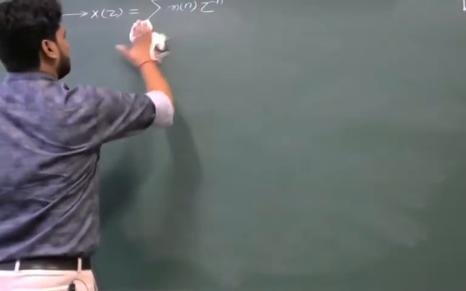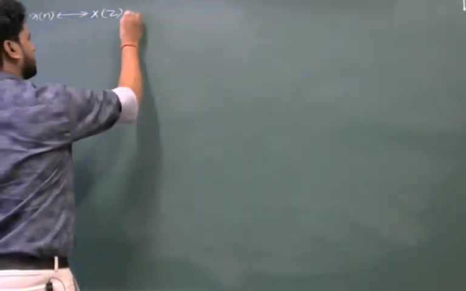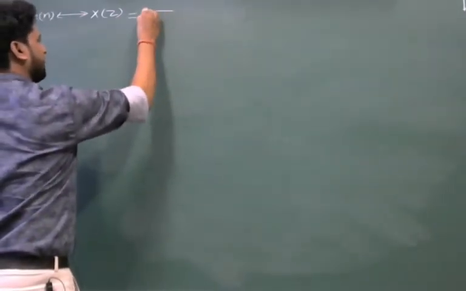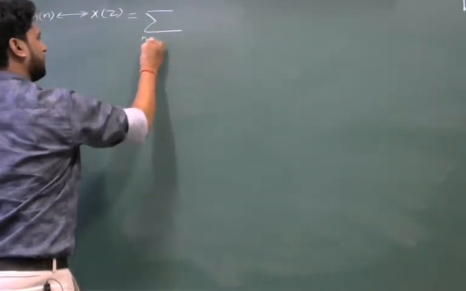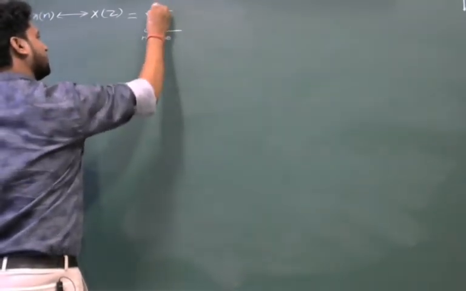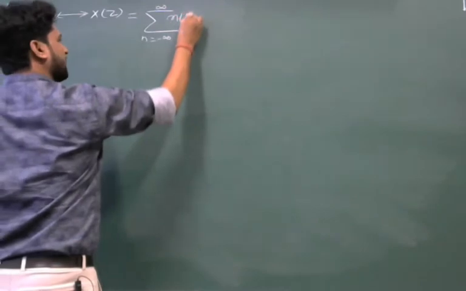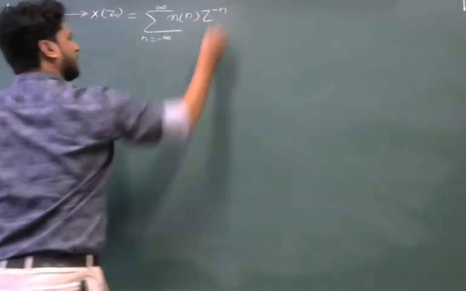Sorry, if it is not visible, I will write it here. X of z can be written as sigma n from minus infinite to plus infinite x of n into z power minus n.